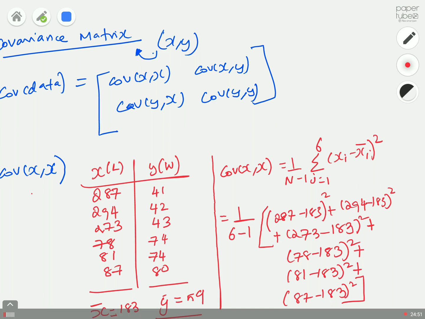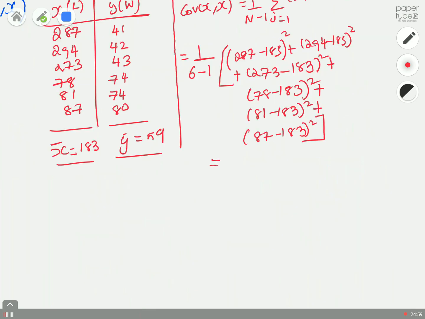You sum all of these values and then you multiply it by 1 divided by 6 minus 1. So you should get an answer of 12383. So that should give the covariance of x comma x.